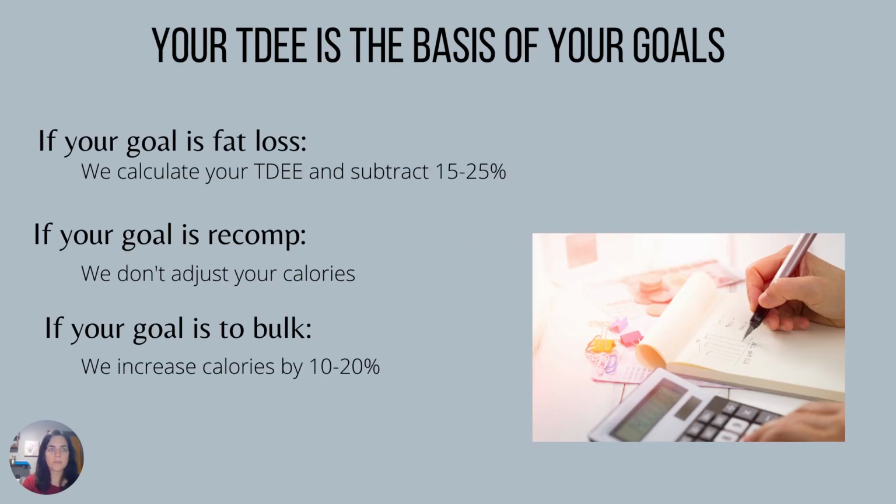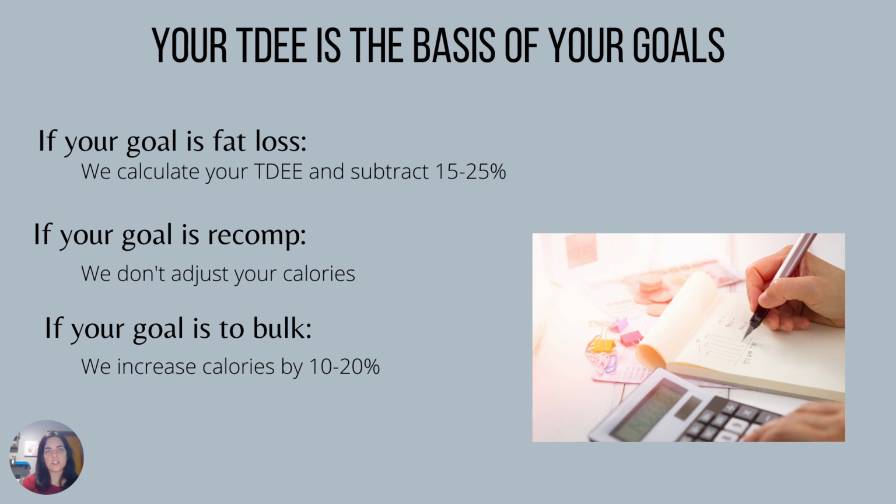As your coach, I really need your TDEE because that's going to be the basis for how we determine your nutrients, your macros, or however we're going to track. So if your goal is fat loss, we calculate your TDEE and subtract 15 to 25%.